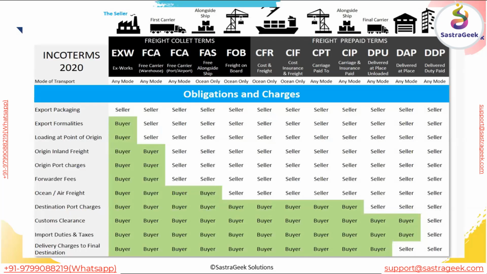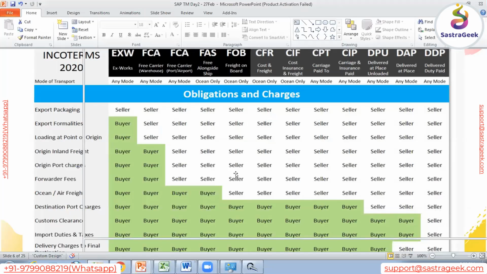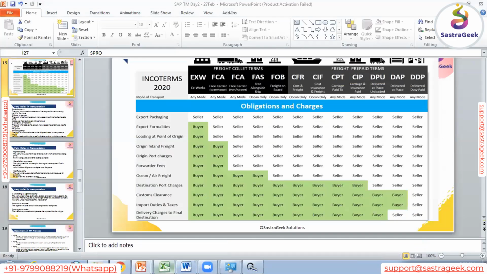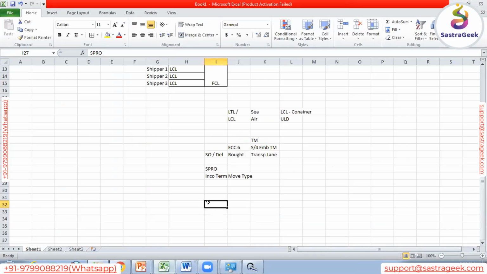Okay. So now I'm going back to one of my previous examples. Suppose the goods are being sold from Singapore to South Africa. If it's going through Ex Works, EXW, the price of the product was, say, only 500.